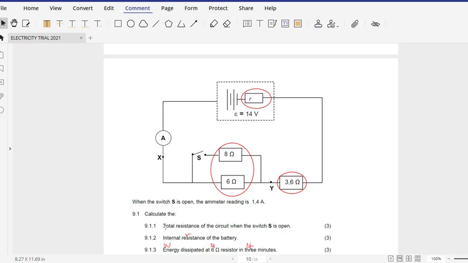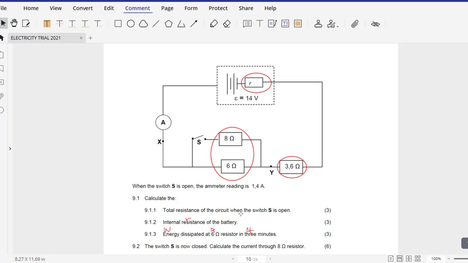9.1.1. Calculate the total resistance of the circuit when the switch S is open. What we need to take note of, and be careful about, is not to see this as total external resistance.